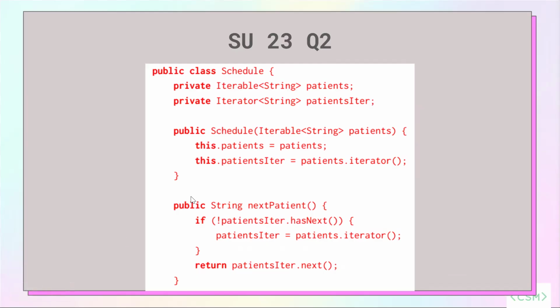We check if patientsIter does not have a next, meaning we're at the very end. We assign patientsIter equals patients.iterator. Again, we create a whole new iterator to replace the patientsIter once it has reached the end. Does that make sense?